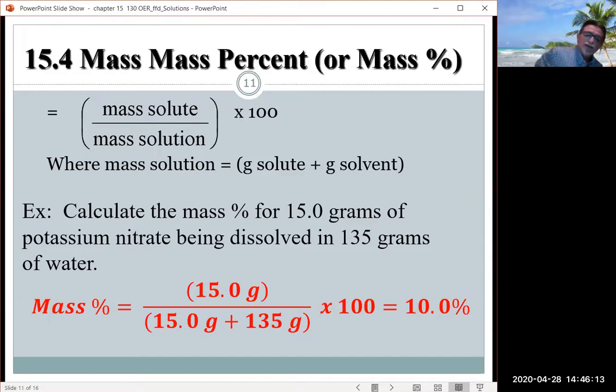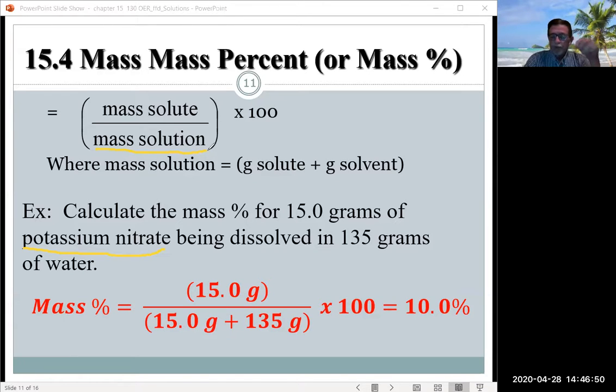All right, let's take this example here. It says calculate the mass percent for 15 grams of potassium nitrate being dissolved in 135 grams of water. Now, first thing, when we're doing mass percent, we don't have to be concerned about the molar mass, because it's a mass relationship. Point number one. Point number two is the mass of the solution.